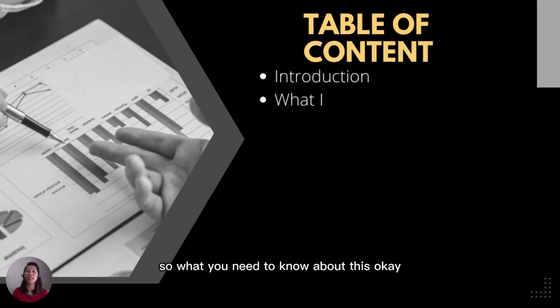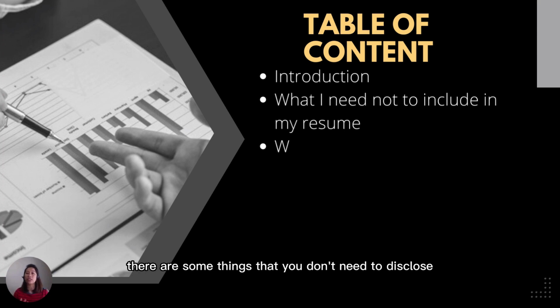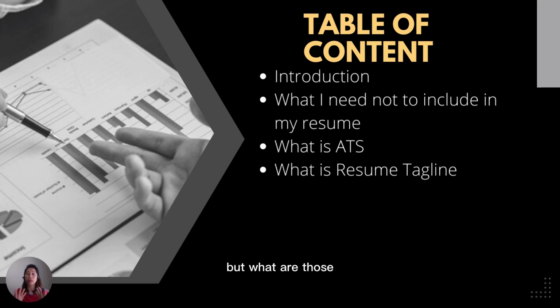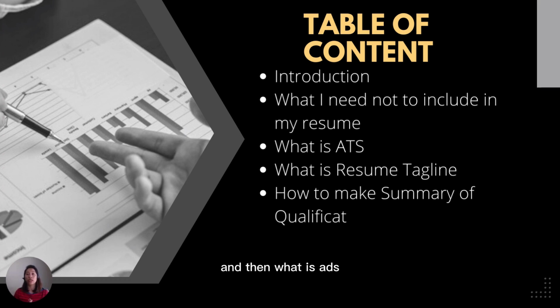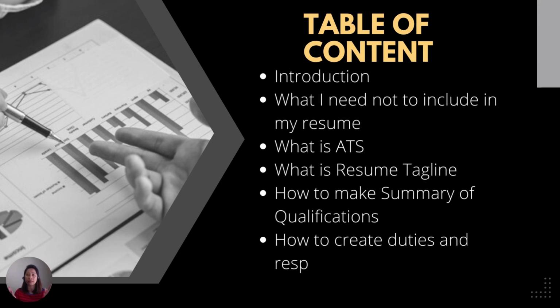So what do you need to know about this? There are some things that you don't need to disclose in your resume, so what are those? And then what is ATS? How does ATS make an impact on your job application, on your resume, on your profile on LinkedIn or in Indeed? Then what is a resume tagline?